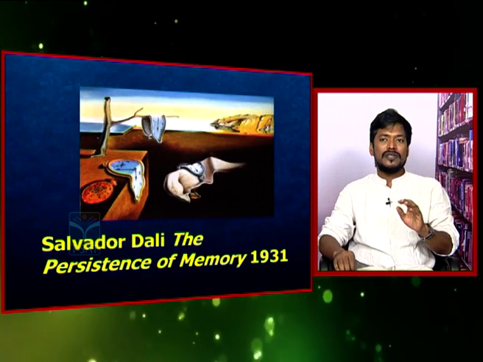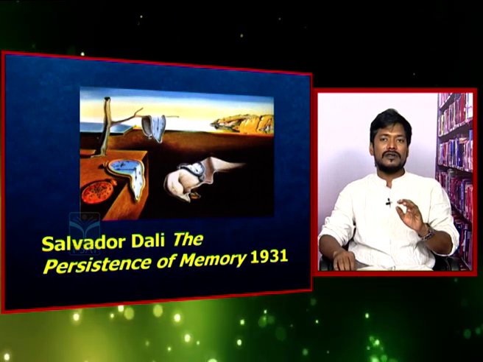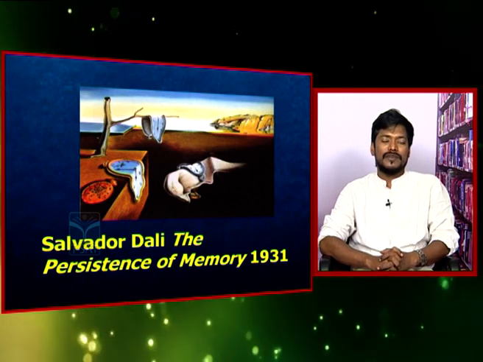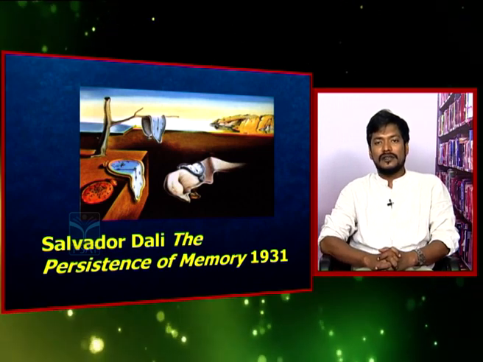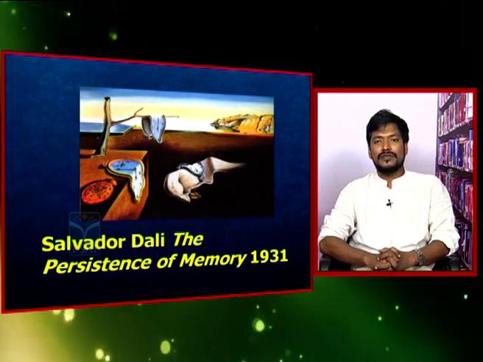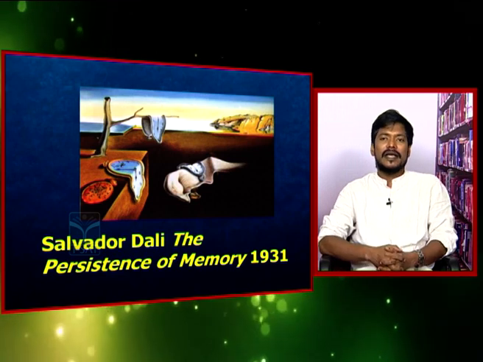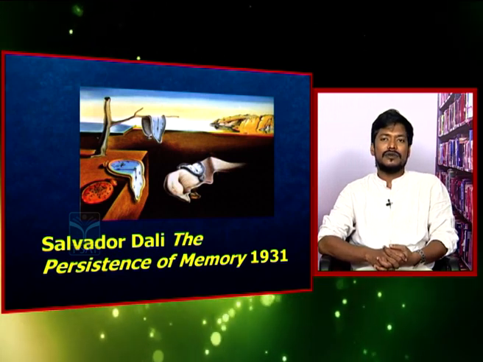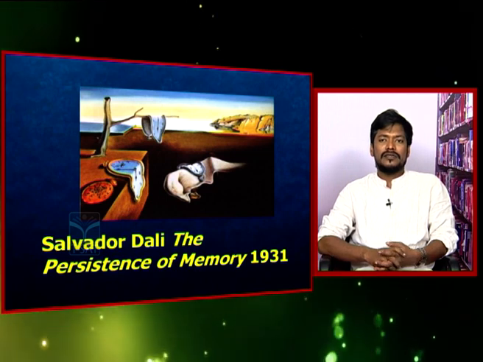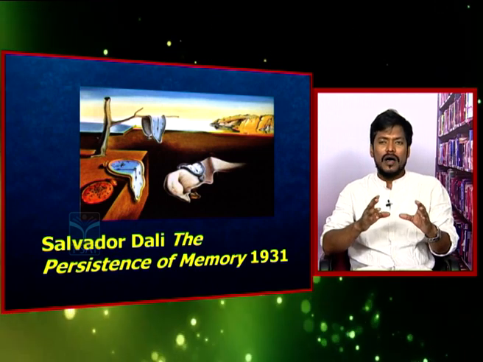So the last image that we see now is this particular painting by Salvador Dali. It is called The Persistence of Memory. Dali was a Spanish artist, and he was a very important artist when it comes to Surrealism. He painted dreams, and this is one of the paintings that he produced out of his dreams. And so what you see here is a vast landscape.